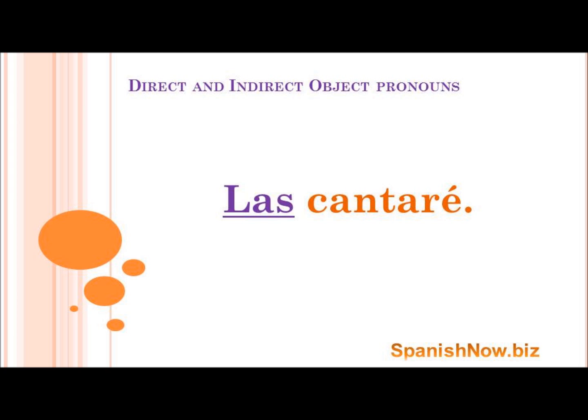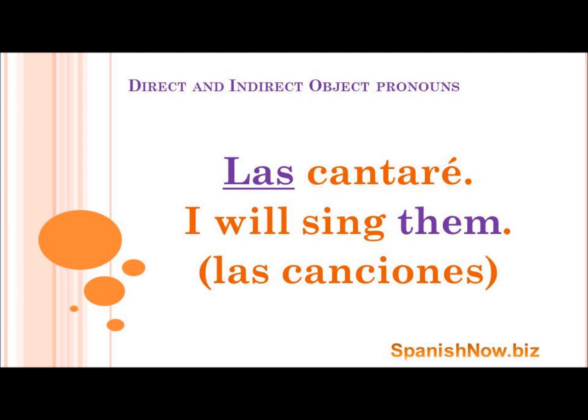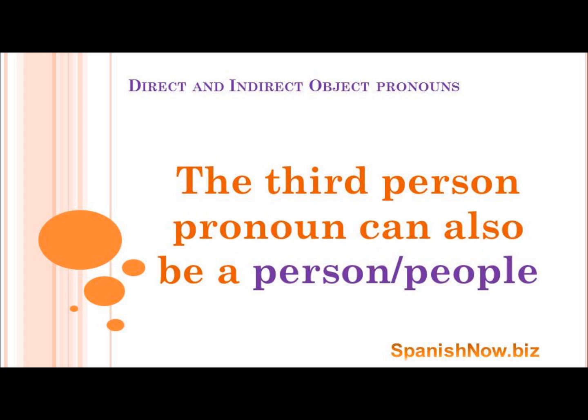And here's where we find out exactly what "las" is referring to. "Las cantaré," I will sing them, and we're referring to "las canciones," or, for example, "las canciones de un cumpleaños o algo." Birthday songs. Now, as I said earlier, it's important to remember as well that the third person pronoun can also be a person or people.